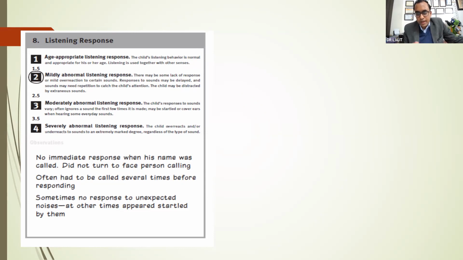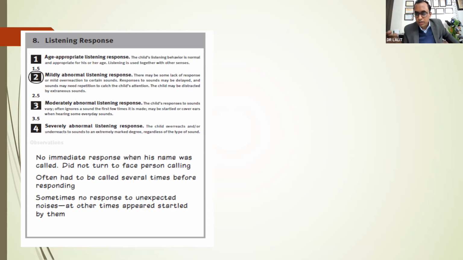Along with your direct observation during scoring, you need to ask the parents how his reaction is whenever you go out to a mall, a wedding party. The mother might say he's not comfortable, he might go away from that situation, and when he comes out of the party hall he feels comfortable. But here the mother never mentioned that when he enters the hall, he closes his ears.